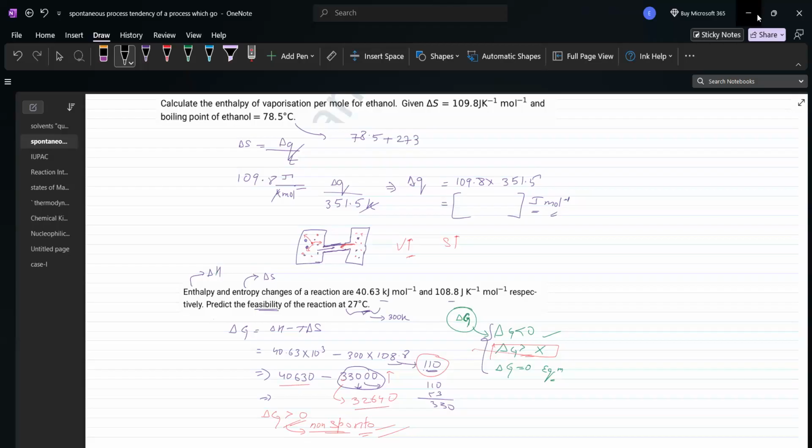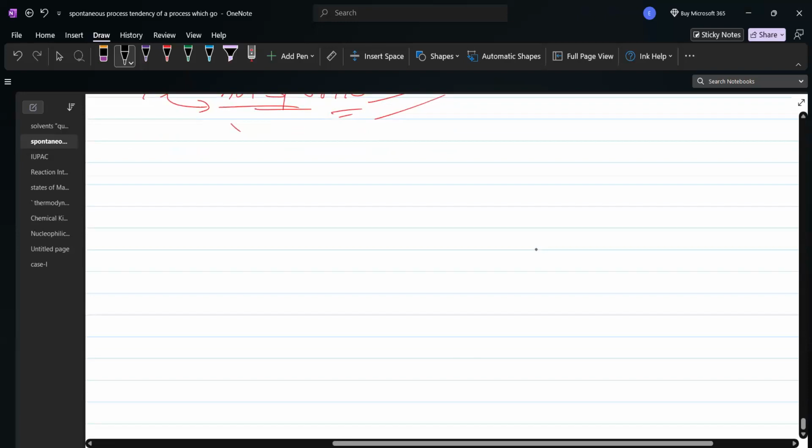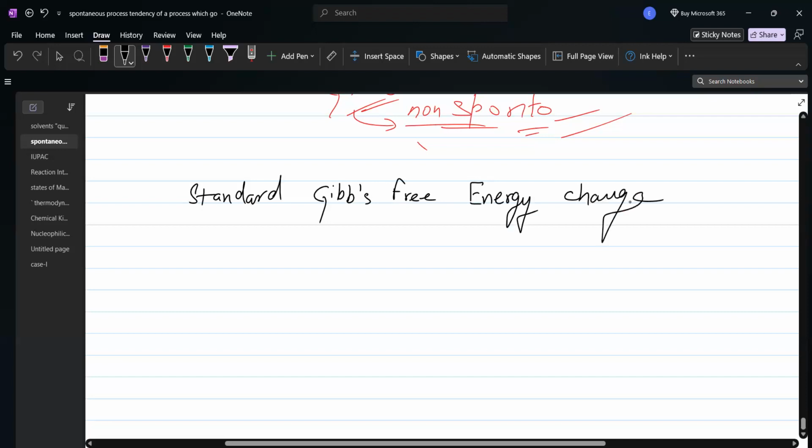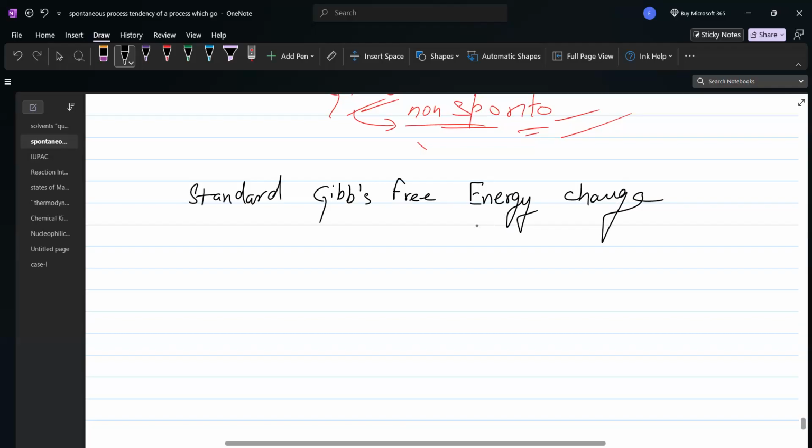So let's move on to the next topic. It's a very small topic, but you should have the idea of it. Standard Gibbs free energy change.